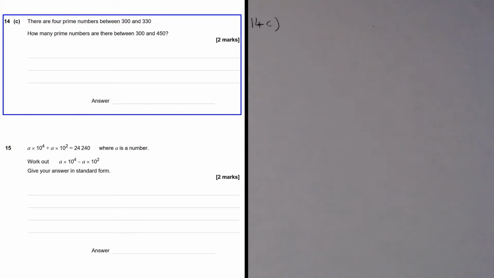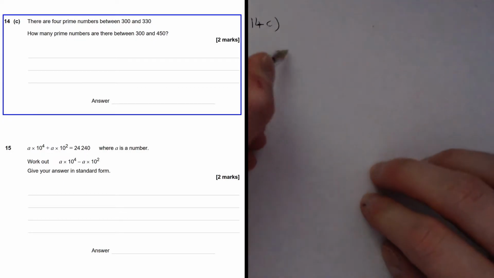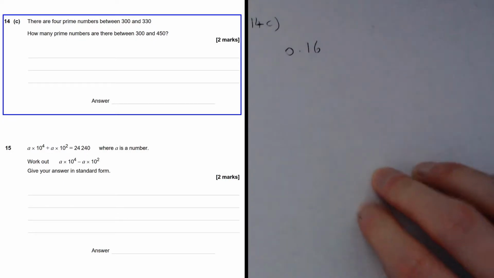In part C, we are told that there are 4 prime numbers between 300 and 330. And the question asks us how many prime numbers there are between 300 and 450. Well, if we go back to our table, we can see that the probability that n is between 300 and 330 is 0.16.